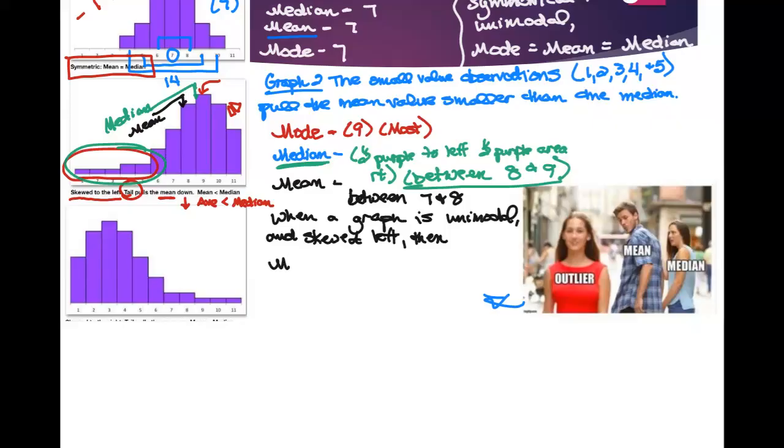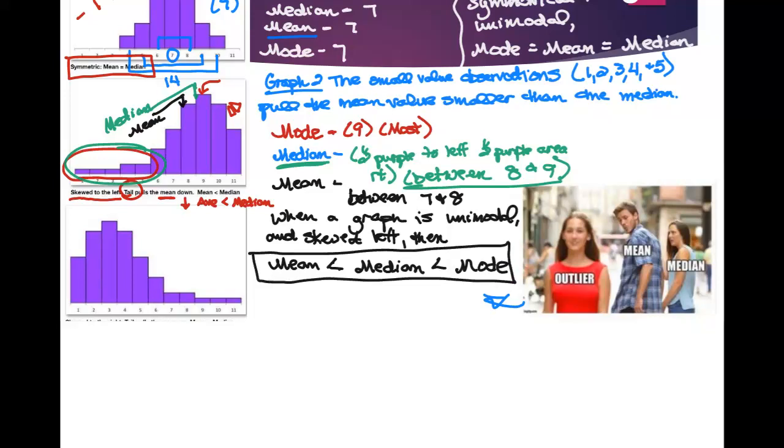So the mean is going to be less than the median, which is going to be less than your mode. And that's all for graph 2.